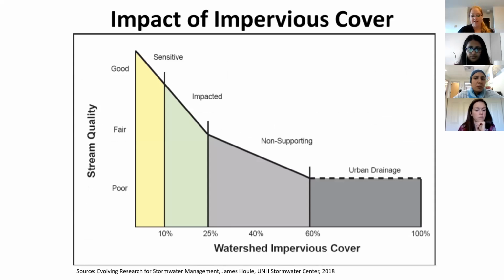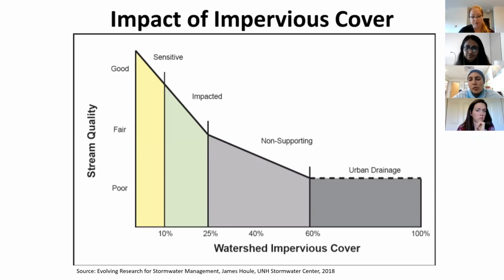The impact of impervious cover in a watershed is greater as the percentage of impervious cover increases. There is a predictive model that demonstrates how a stream's water quality and habitat quality would respond to the amount of impervious cover, or the percentage of urbanization in a watershed.